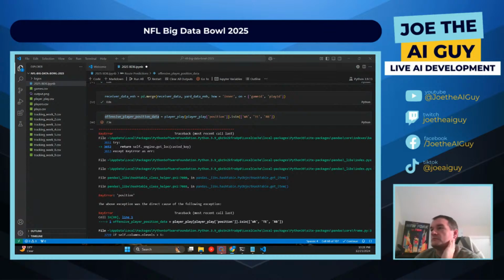Is it position? Let me go look at the data set. No, it's not in there. Yeah, it's in the player data.